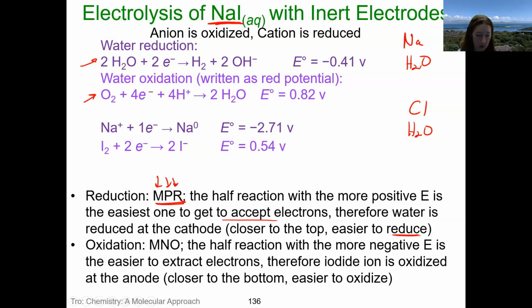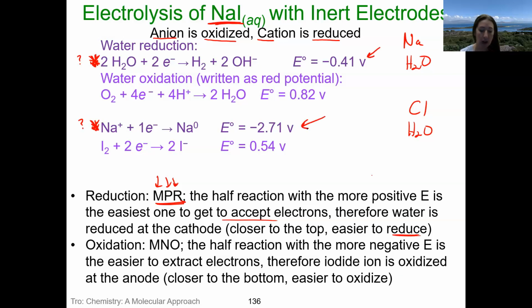Okay, so here are our choices. First of all, we have to decide who's going to be reduced. Remember this: cation reduced, anion oxidized. So our cation is our choice for our reduction. And remember, this is the reduction for water. So our choices are these two. Either this is going to happen or this is going to happen. One of those two is going to happen because this is a reduction.